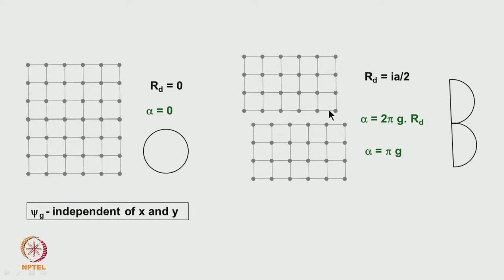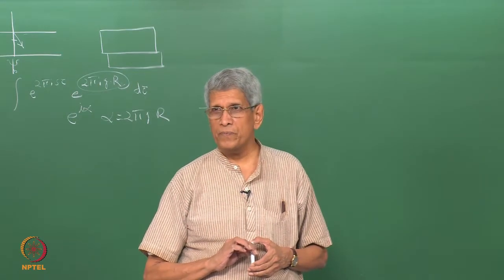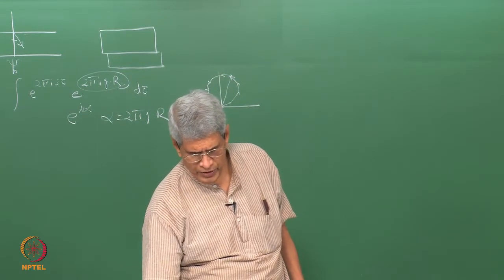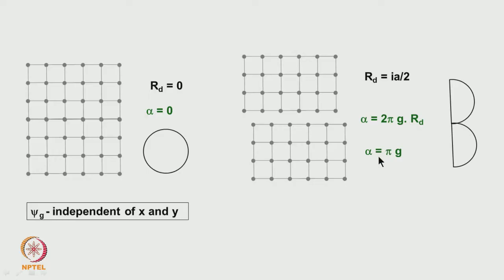Now let us take that case where, with respect to this top layer, at this point the layer is shifted by a distance a by 2, okay. If this is shifted by a by 2, what will happen to this value alpha will become pi into g.